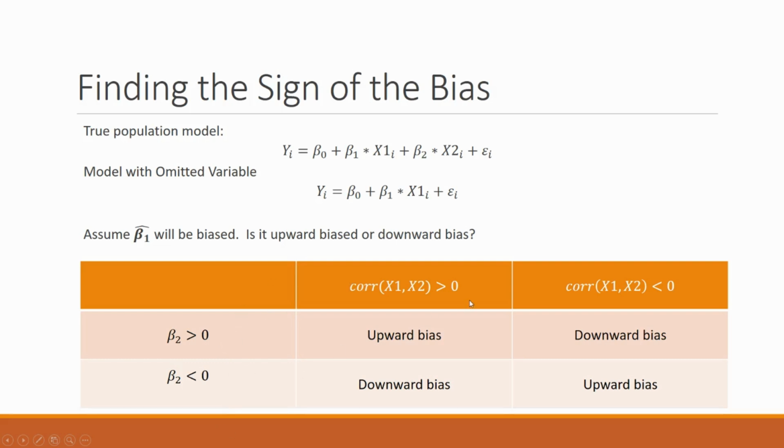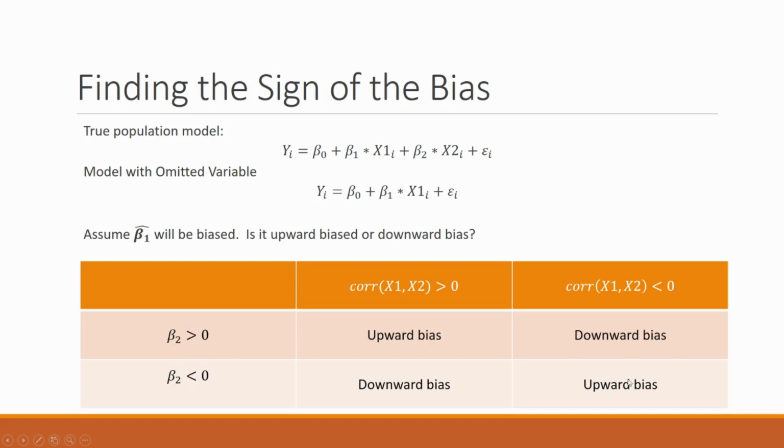Either x1 and x2 are positively correlated, which would mean that as x2 goes up, x1 goes up, or they're negatively correlated, meaning that as x2 goes up, x1 goes down. There's also the possibility that y and x2 will be correlated. If positively correlated, beta2 is greater than 0, or if negatively correlated, beta2 is less than 0.